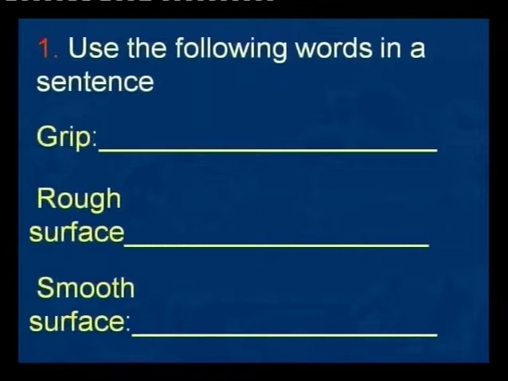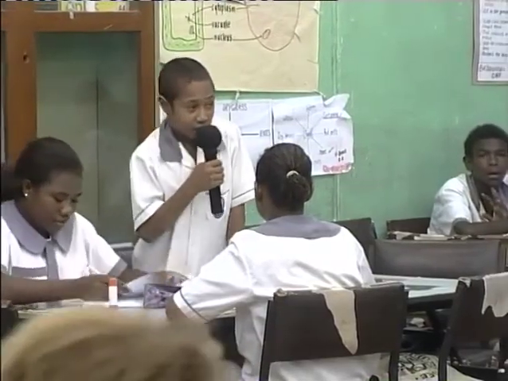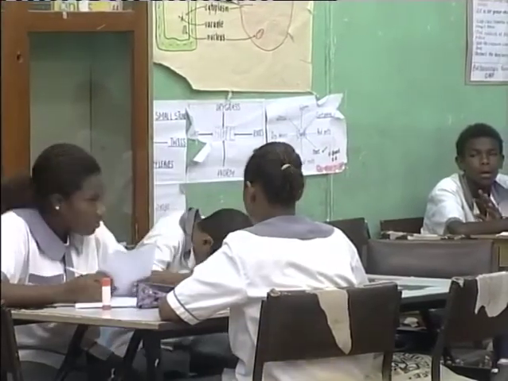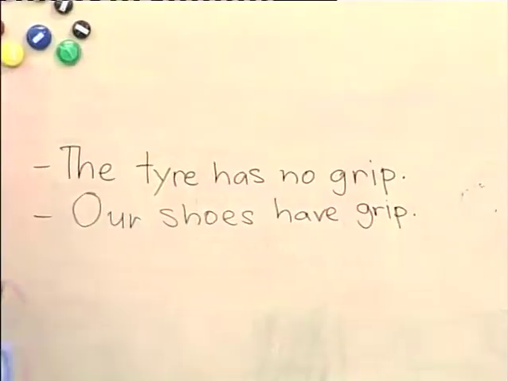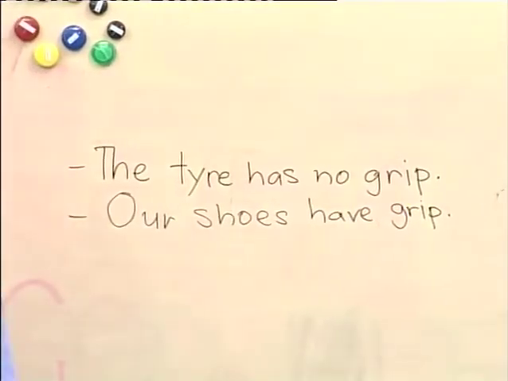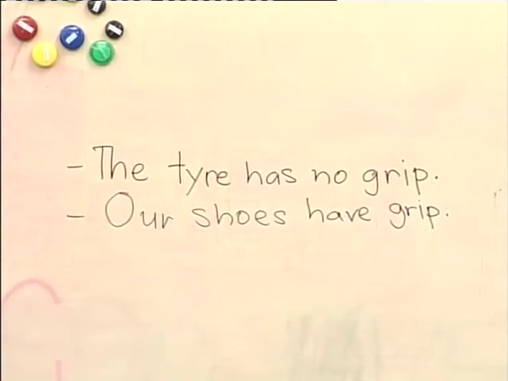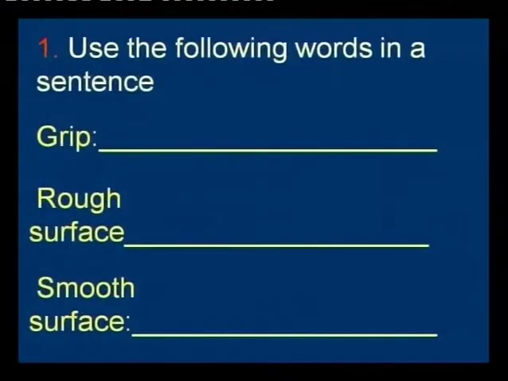Robert, our shoes have grip. Okay, that's on grip. We have two there. Now we will go on to the next word. Very good. Receiving students, you're telling your teacher. That's nice. Now let us look at our next word.